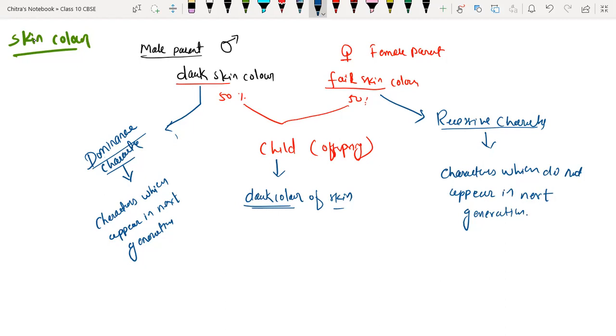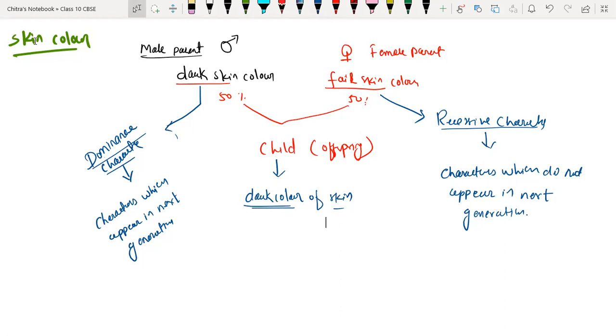By observing them, we can conclude whether it is the dark one or the fair one. If it is dark, we can say the father's skin color is dominant and the mother's fair color is recessive.